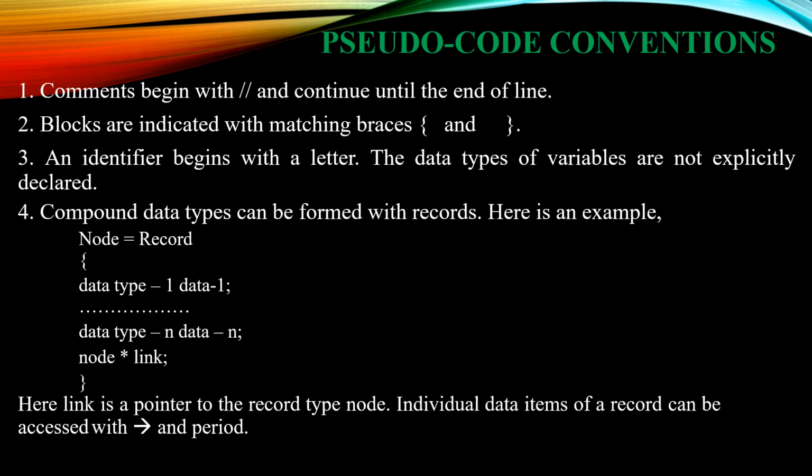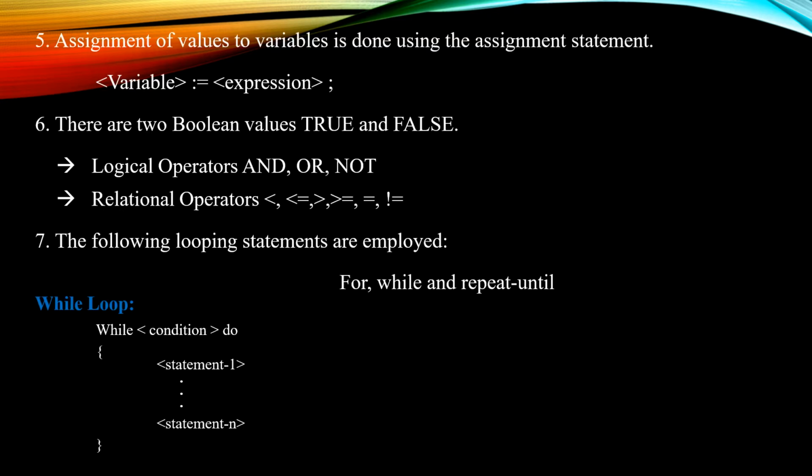Here the star is a pointer variable to the record type node. Individual data items of a record can be accessed with the arrow symbol or a period, that means a dot operator. So compound data types can be formed with records.